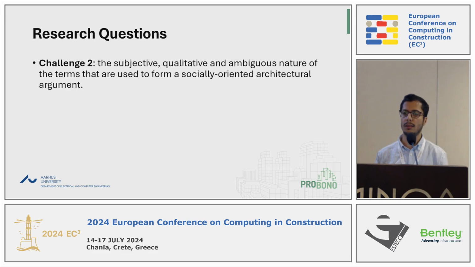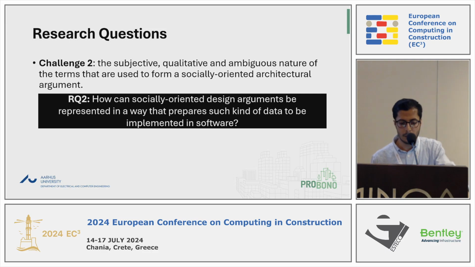How private is the place depends on who is perceiving this kind of privacy. Where are we talking about? What kind of cultural or social aspects are we considering? And that forms the second research question: how can socially oriented design arguments be represented in a way that prepares such kind of data to be implemented in software?